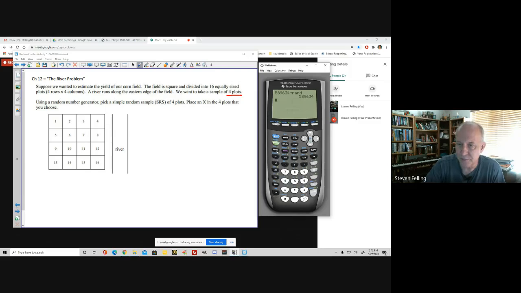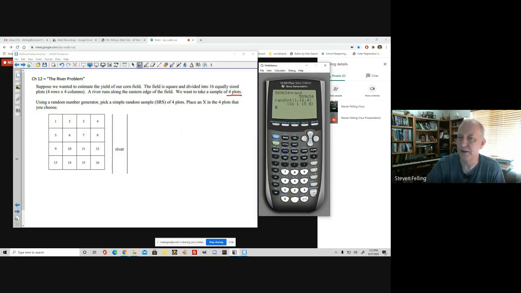Okay, but then I'm going to take my random integer feature, which we used back in chapter 11. So math, probability menu, random integer. And what I want to do is have between numbers 1, so I'll put 1, comma, 16. And then I would put comma 4, because I want to select 4 plots of land randomly.